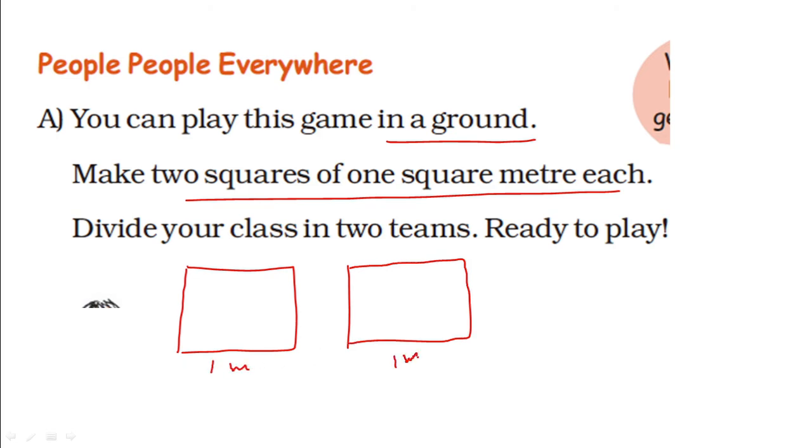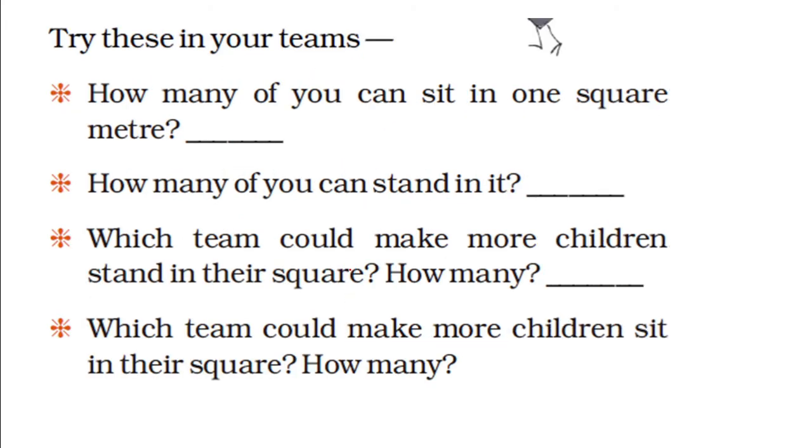So area of the square is 1 square meter. Divide your class into two teams. Students will stand along this line and the second team will stand along this line. Try this in your team.